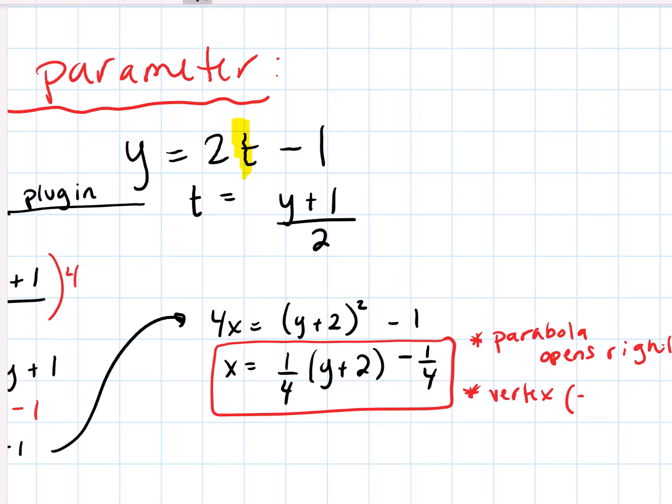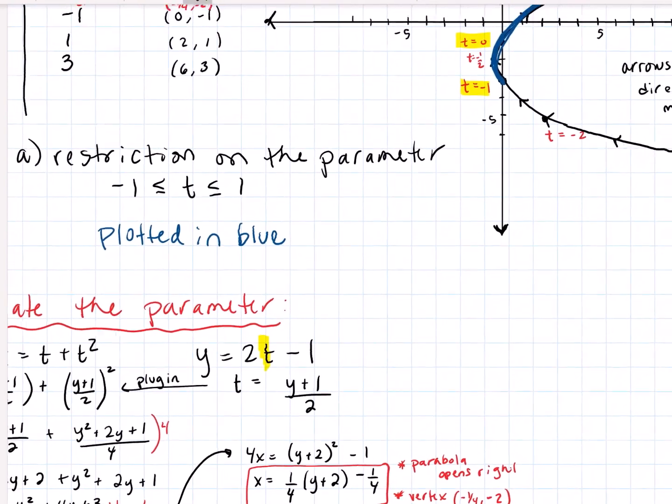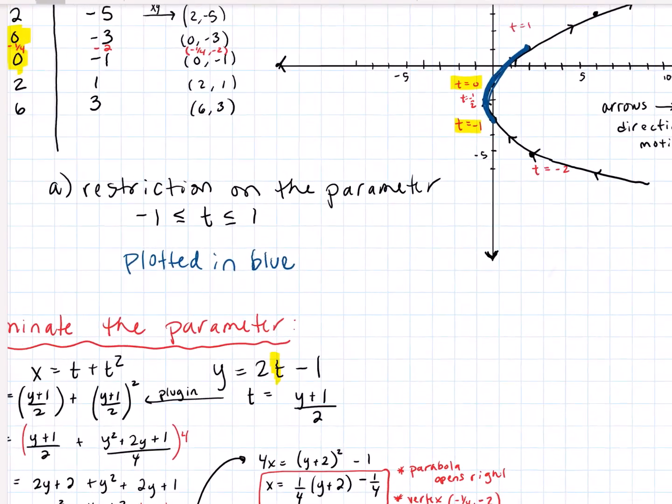Since it was a parabola in terms of y, the vertex is going to be at (-1/4, -2). If we pull that together with what we had up here, we see that exact same graph we got by plotting points.